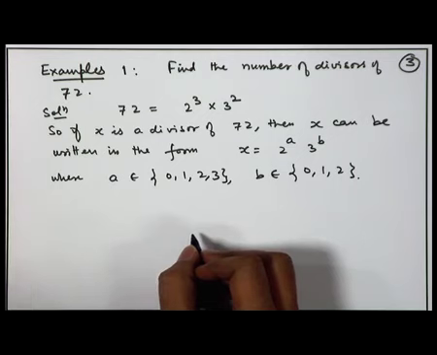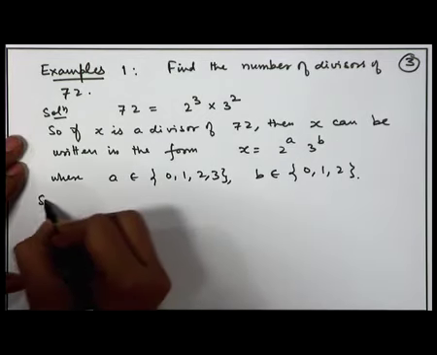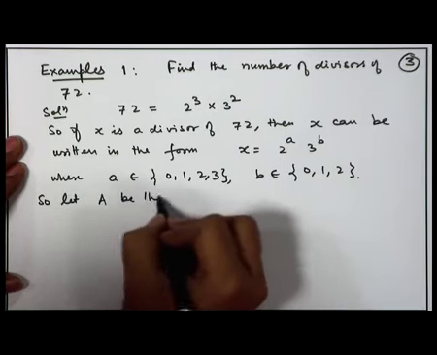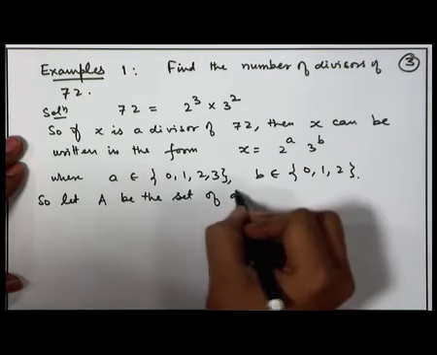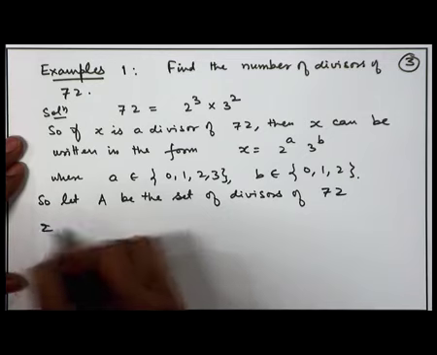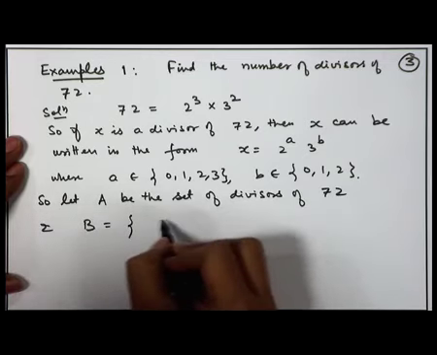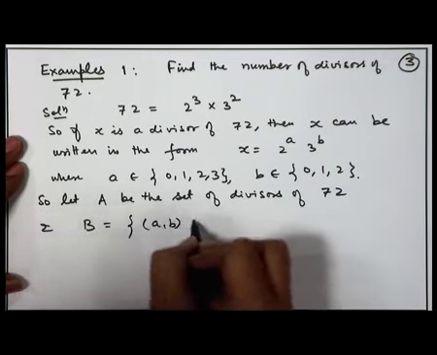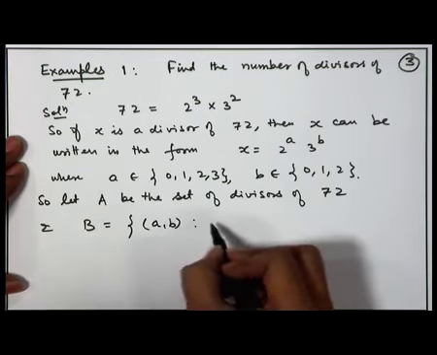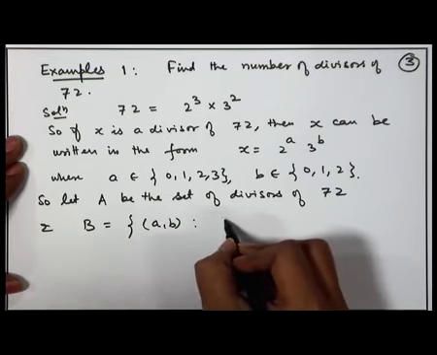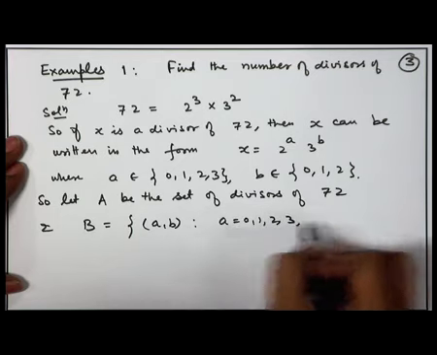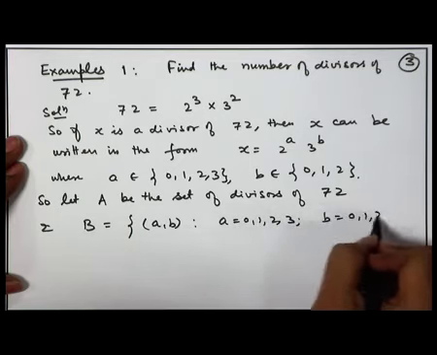Now let us consider, let A be the set of divisors of 72 and B be the set of tuples (a, b), where a can take values 0, 1, 2, 3 and b can take values 0, 1, 2.